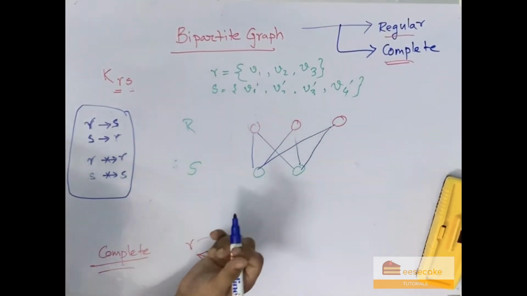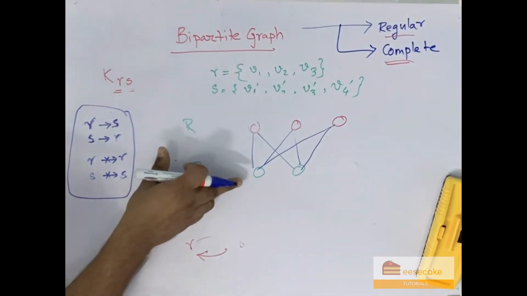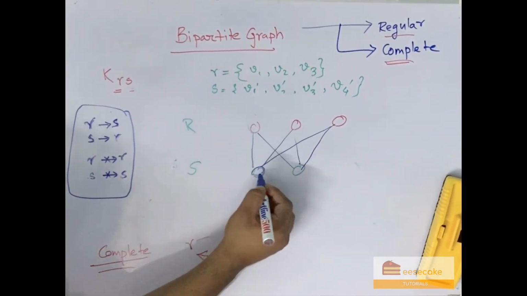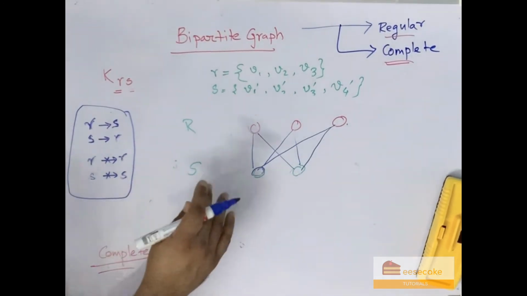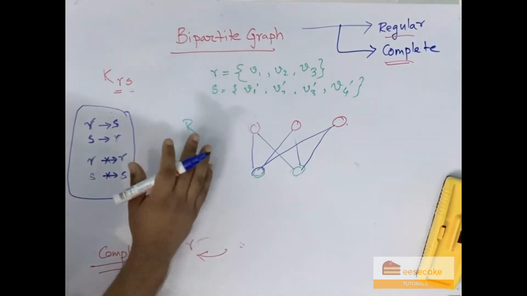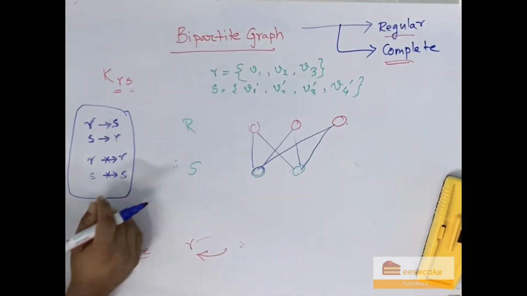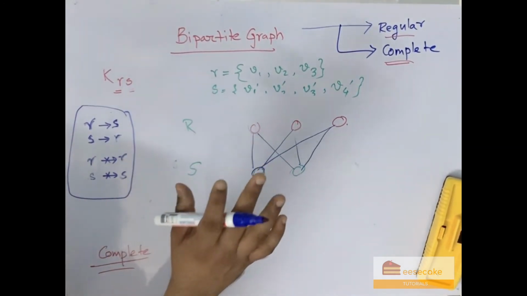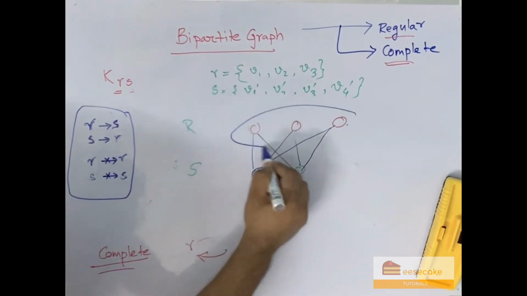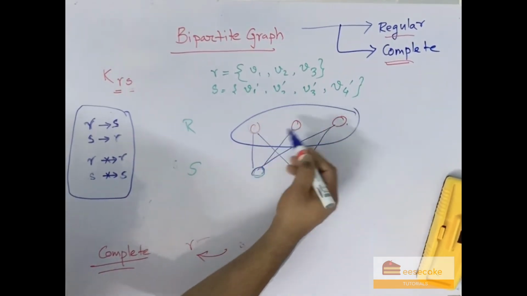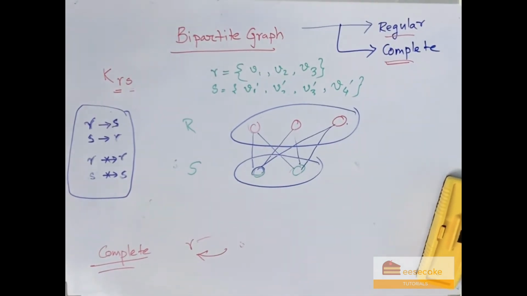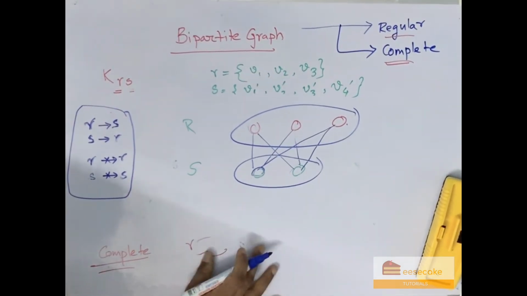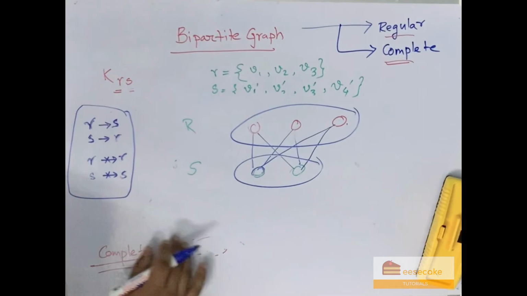And in the reverse way, from these S vertices to all three. So basically there are all the possible edges in between R and S, and obviously by the bipartite graph definition there will be no edges within R and no edges within S. So this is what a complete bipartite graph is.